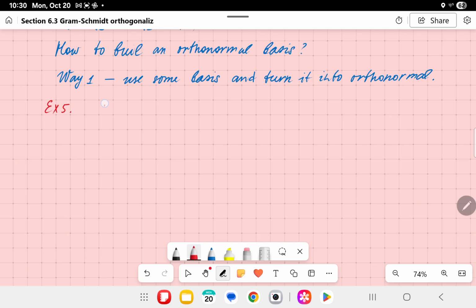We're going to consider basis S, which is not orthonormal, just some basis in three-dimensional space, and I'm going to turn it into an orthonormal one: E1, E2, E3.